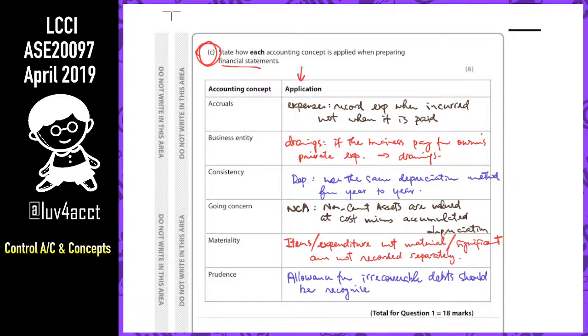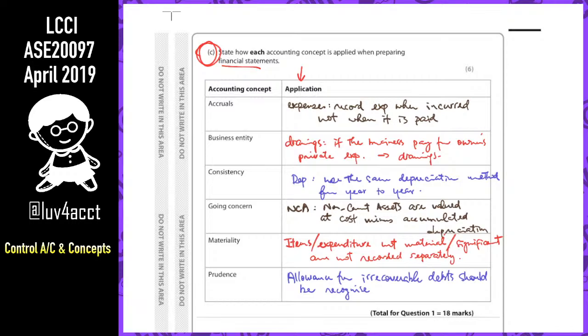It asks you to state an example how it is applied. The answers that we write are really the application of these accounting concepts, which I think is a fair answer for the question being asked.